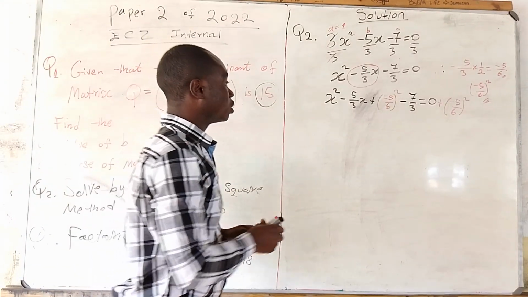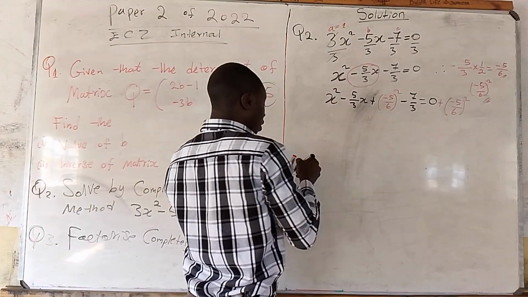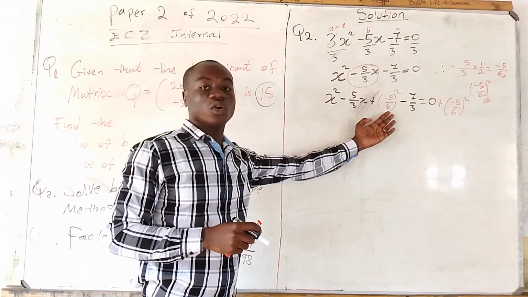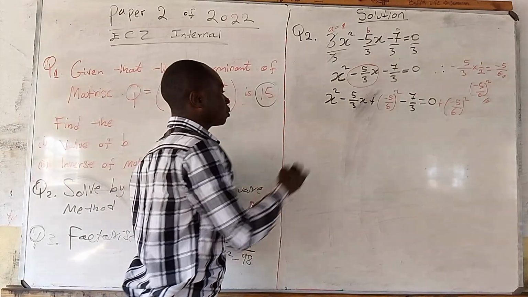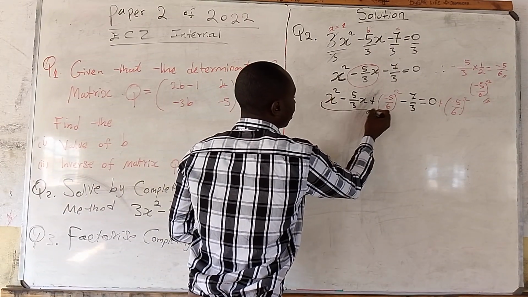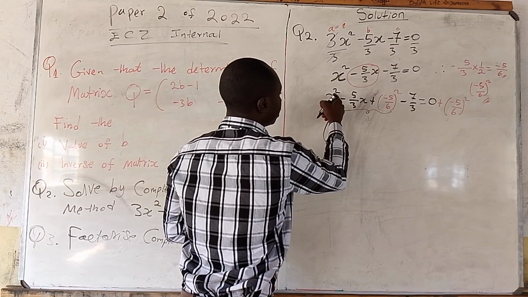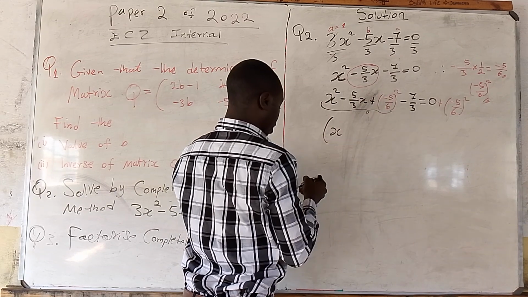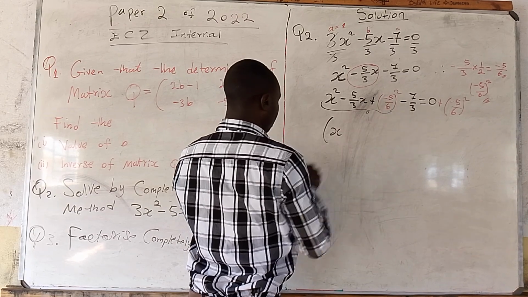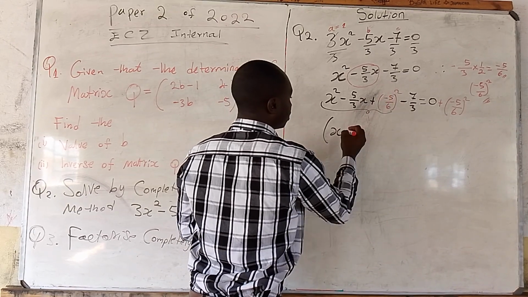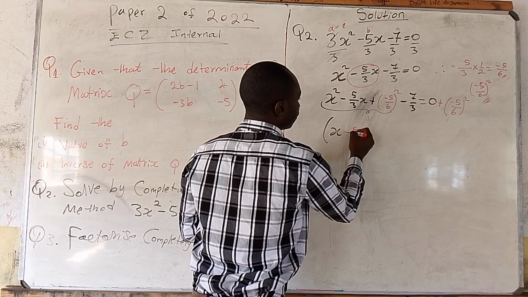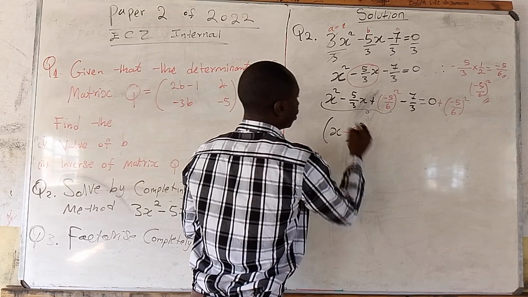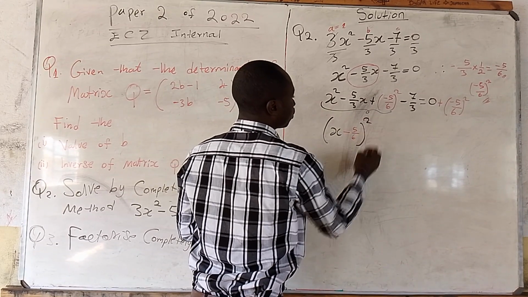Good. Now, from one of my videos where I was explaining how to go about completing the square method, we know that what we have here is equal to x from there and what you have here as your half. This one is negative 5 over 6, so we get x minus 5 over 6, and because the two are squared, you square that.